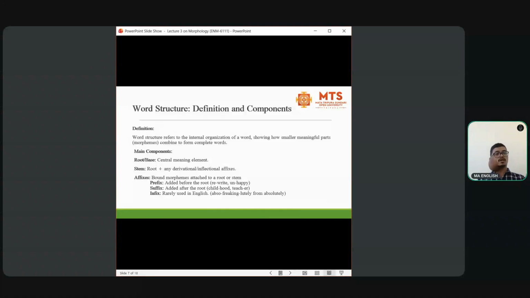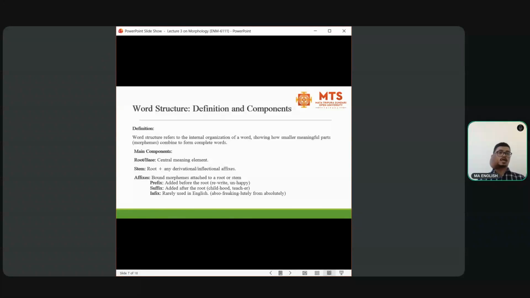And when you pluralize teacher, we have to add the suffix -s, that is the plural marker -s. So we get teachers from teacher. This is the example of stem.